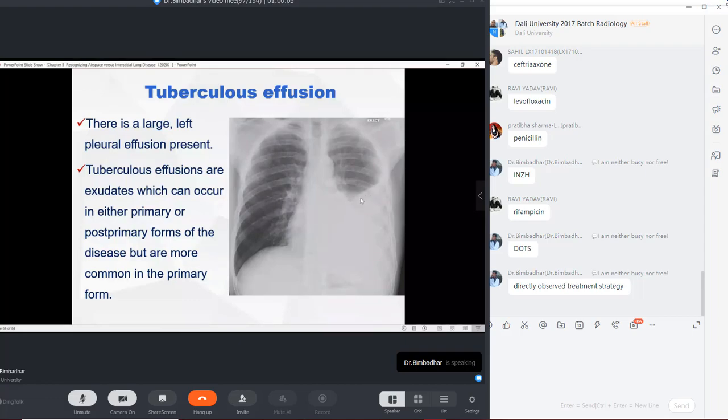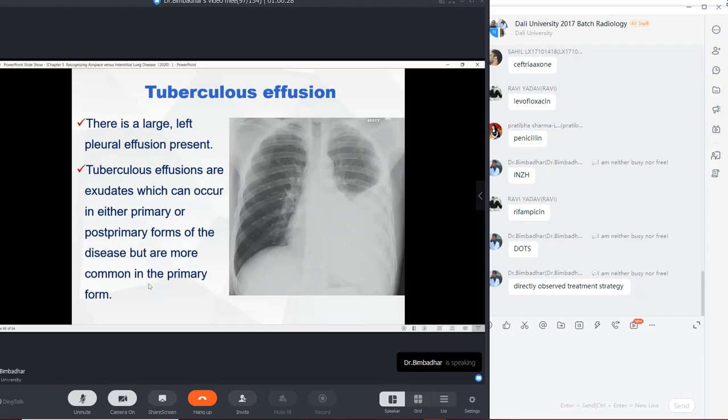So by this, I understand that there is a pleural effusion. We will talk about this pleural effusion, but you understand that in tuberculosis patients, one of the most important complications is pleural effusion, right? It can happen either in primary or post-primary forms of the disease, but is common in the primary form.